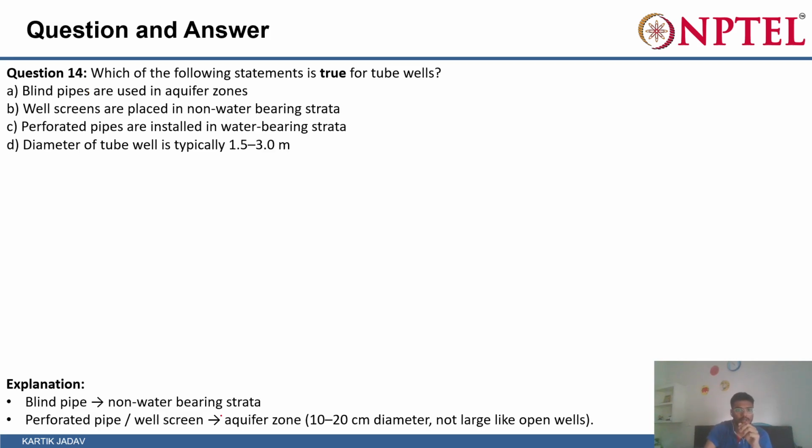Correct answer is perforated pipes are installed in water bearing strata and have a diameter of 10 to 20 centimeters. So the incorrect option is open well. So the correct answer is option C, right? Because we are not using lined pipe in water.